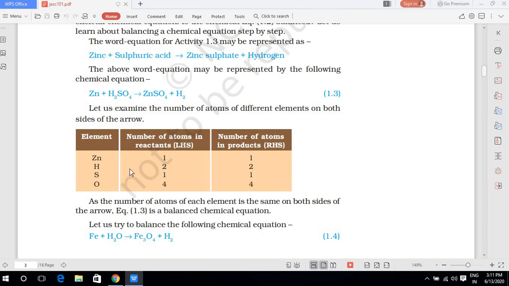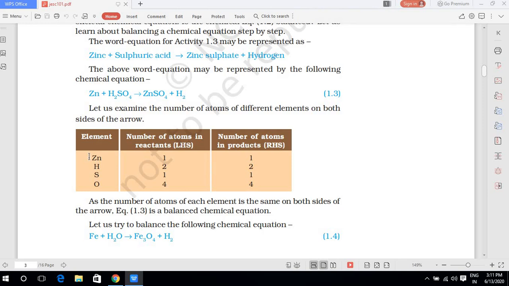That's what it means. Now here you can understand what I mean by simply looking at it. Here zinc reacted with the sulfuric acid to form zinc sulfate and hydrogen gas. We can represent this in a table, as I've said, in written form like this.